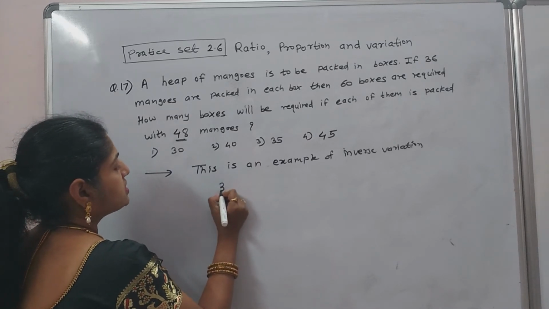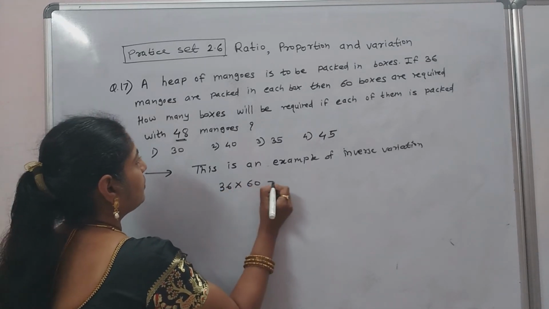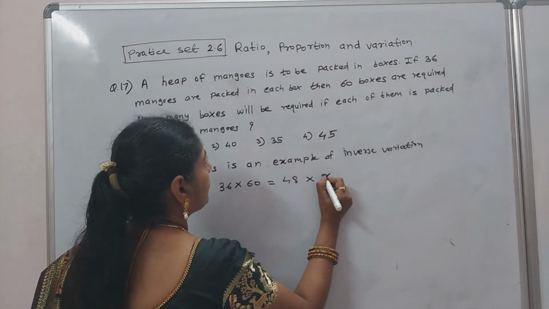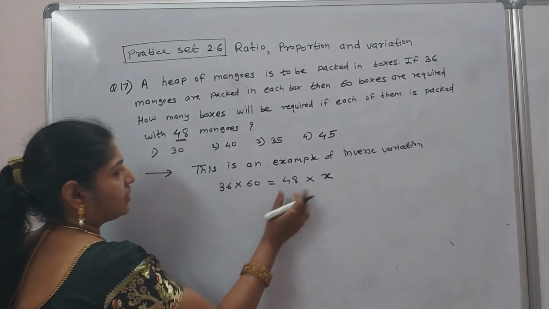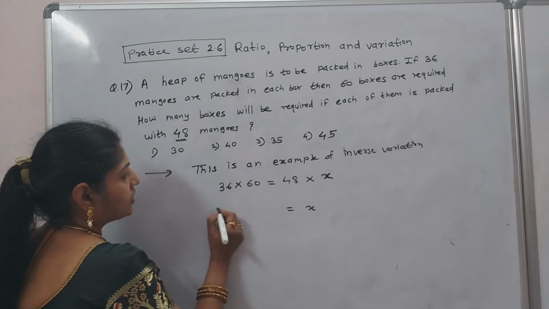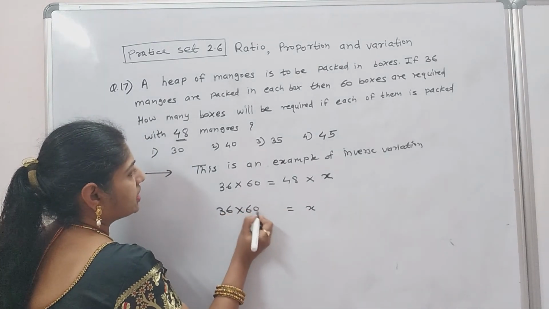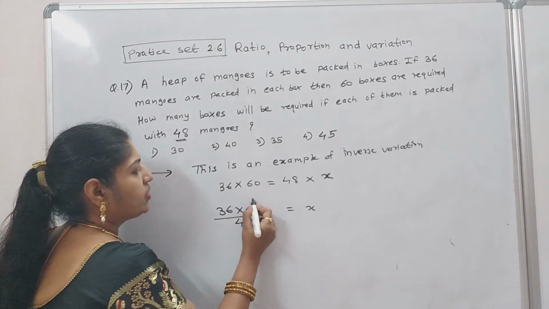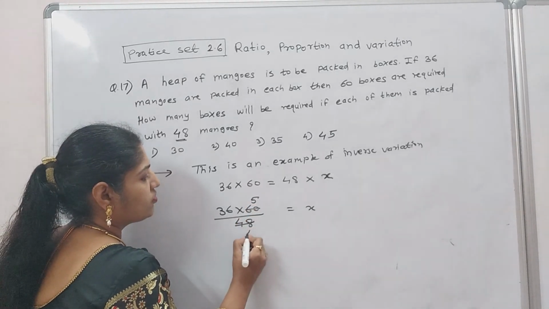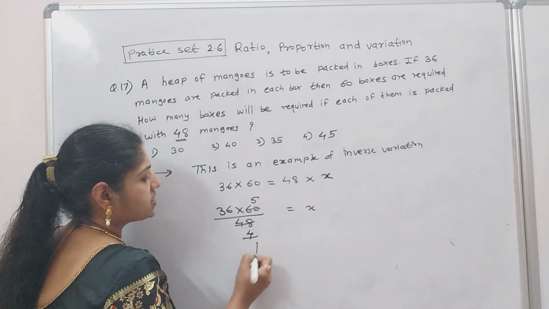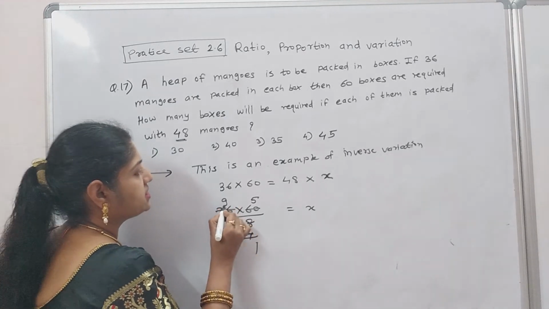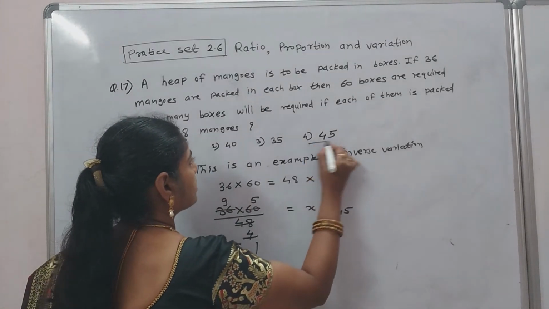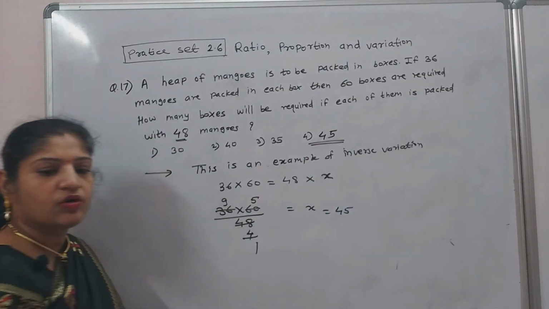So 36 into 60 equals 48 into x boxes, the number of boxes x. x equals 36 into 60 divided by 48. 12 5s are 60, 12 4s are 48. 4 1s are 4, 4 9s are 36, 9 5s are 45. So the answer is option number 4, 45.